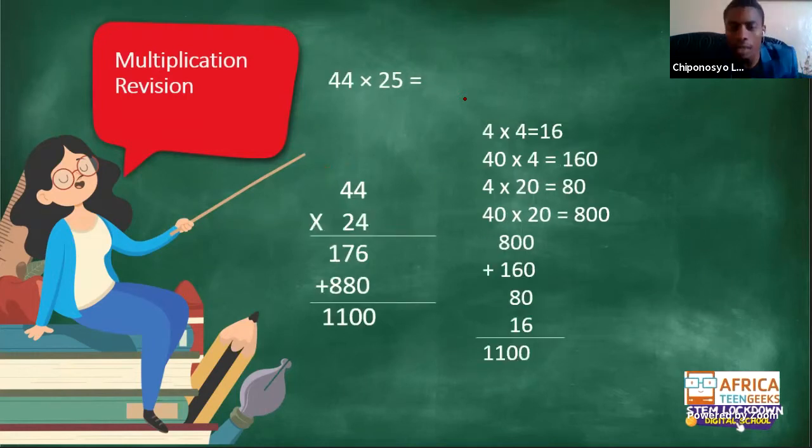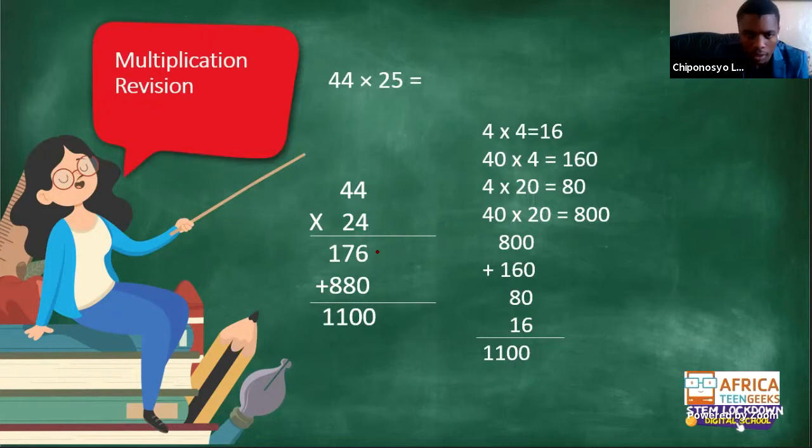So let's look at 2-digit with 2-digit. I have 44 multiplied by 24. Right. So here, what's going to happen is that because I'm on the unit side, now let me explain.